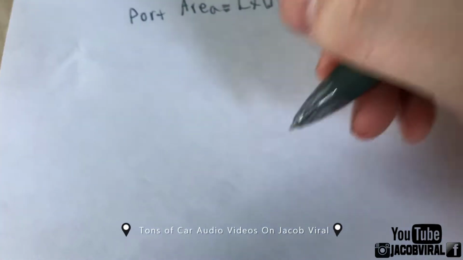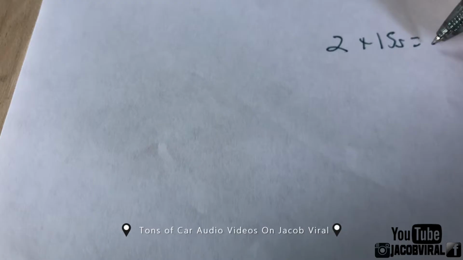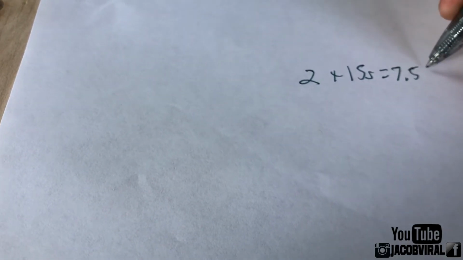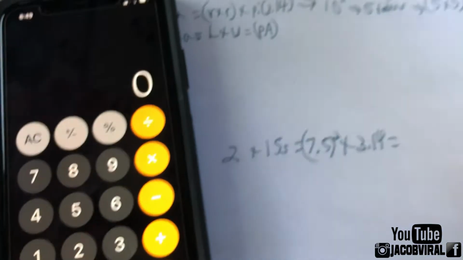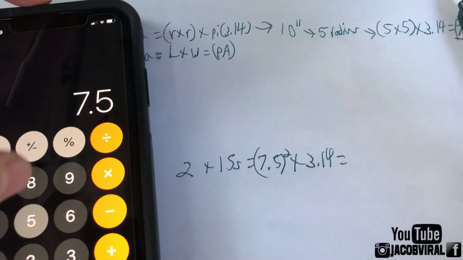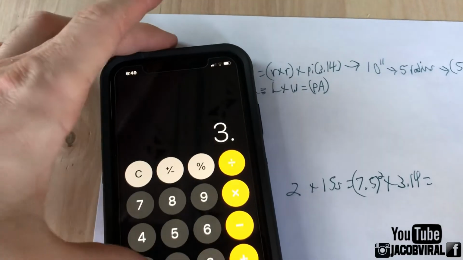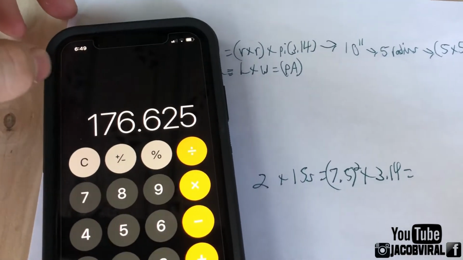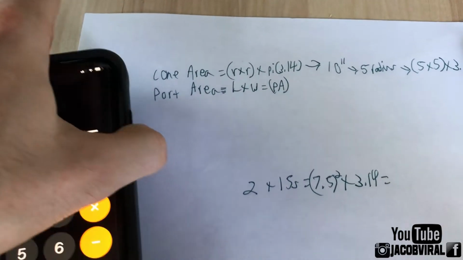So that's how you calculate the cone area of your subwoofers. Let's just say you have two 15s. Your cone area is going to be 7.5 times 7.5 times 3.14, which is 88.3, and I multiplied by 2 to get 176.6 square inches for your subwoofer cone area.